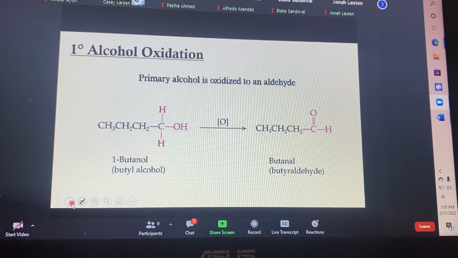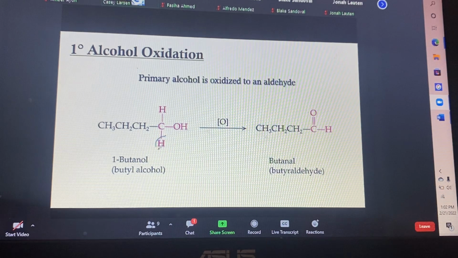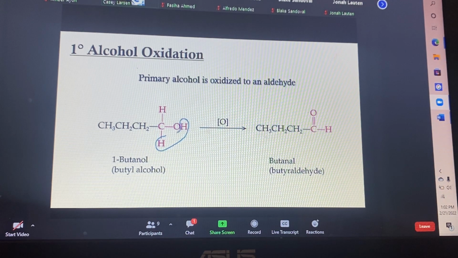So you've seen this before, where a primary alcohol is oxidized to an aldehyde. We simply are going to have a removal of 2 hydrogens. So for instance, I can just remove these 2.